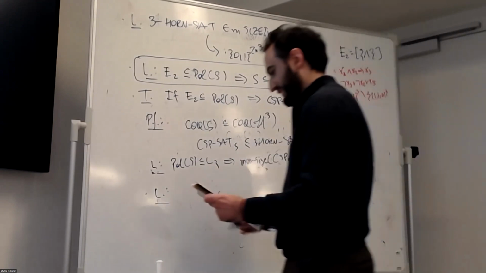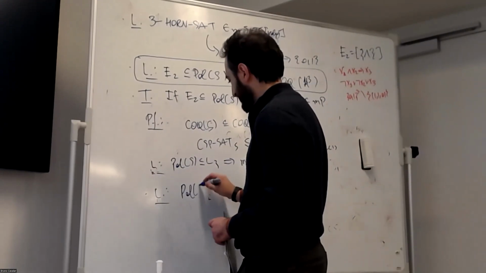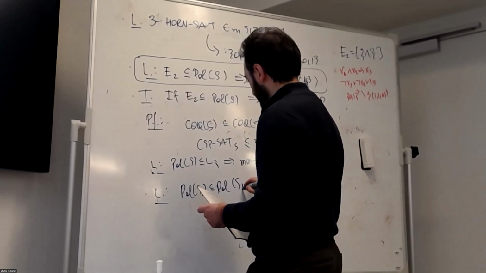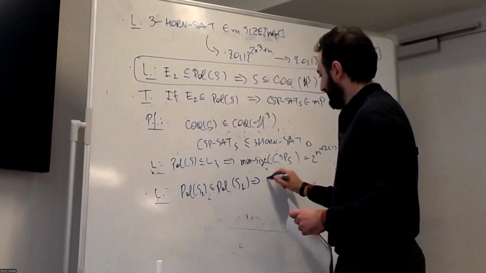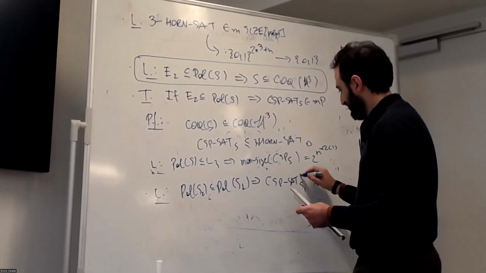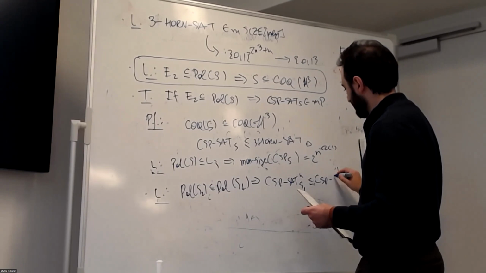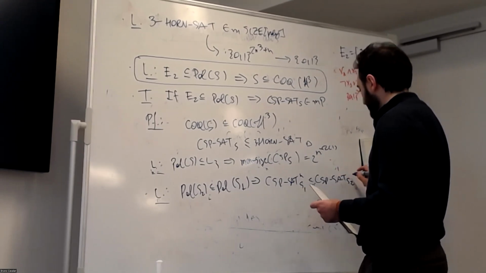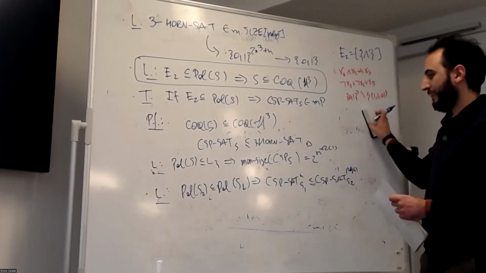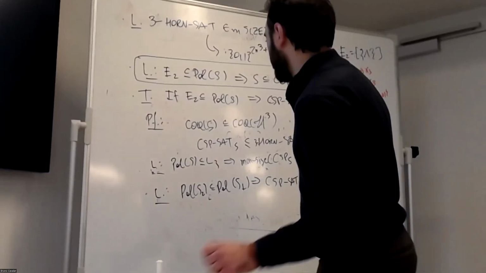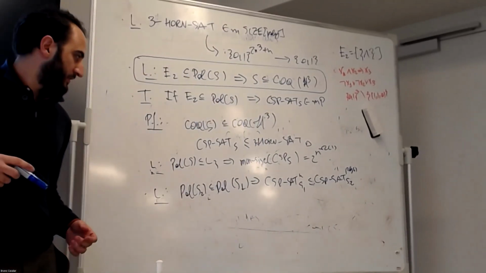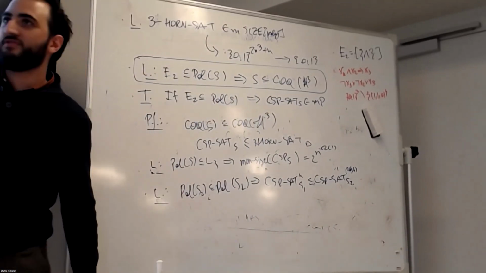You have to show that the polymorphisms of S2 are in the polymorphisms of S1. Then you reduce the set to S2. So in other words, if you are below, then the one above reduces to the one below.